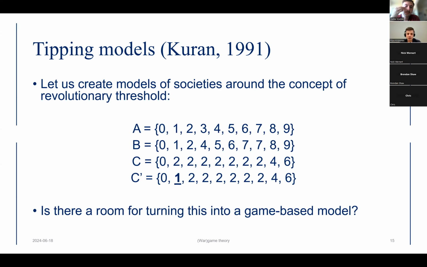So how to read the model is as follows. We have 10 individuals, each number representing an individual. Society A has 10 individuals: 0, 1, 2, 3, 4, 5, 6, 7, 8, 9. And the number here represents how likely or when an individual joins the protest.